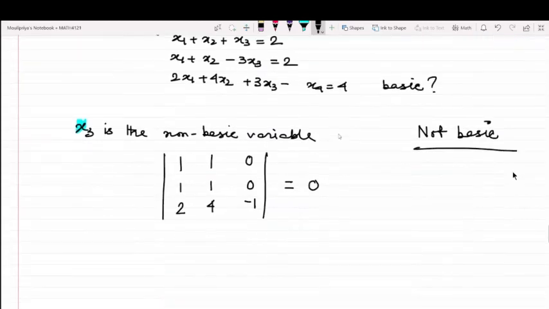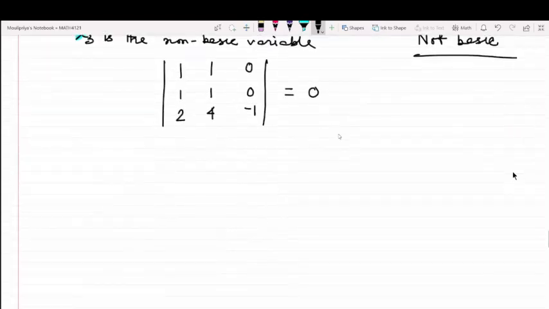Now, you know about linearly dependent and independent vectors? Have you heard about the terms? For example, just let me give you a very easy case.